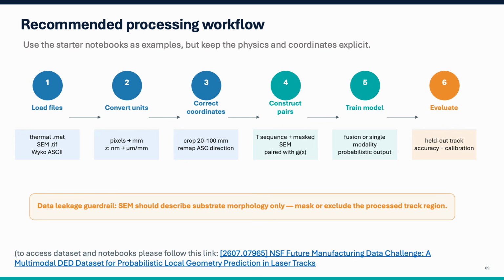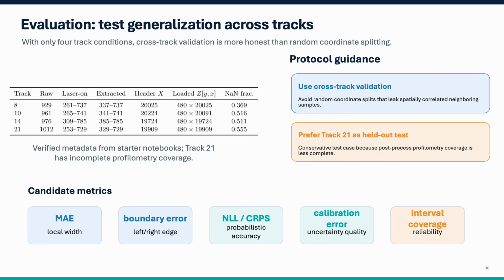The choice of validation strategy is especially important because the dataset contains only 4 track conditions. Randomly splitting neighboring coordinates from the same track into training and testing sets can produce overly optimistic results. Adjacent locations are spatially correlated, so the model may effectively see almost the same region. For this reason, cross-track validation is recommended. One complete track should be excluded during training and used only for testing.